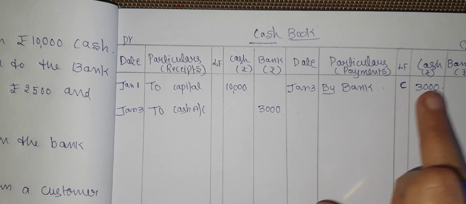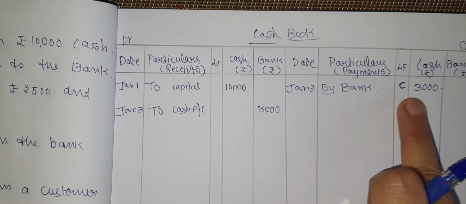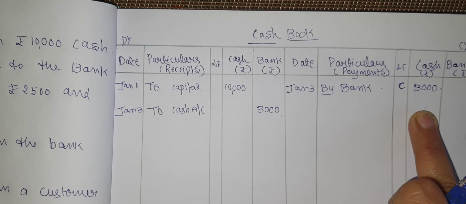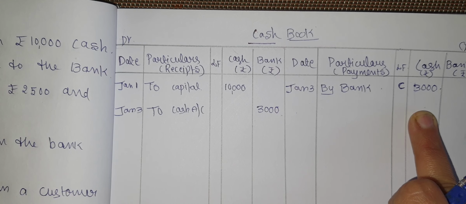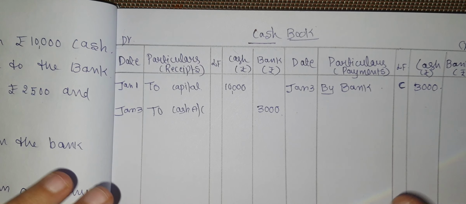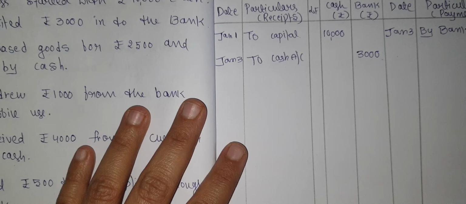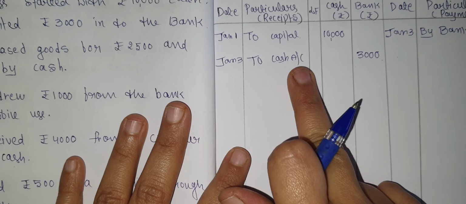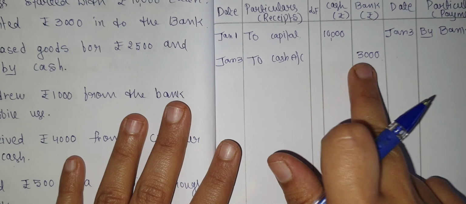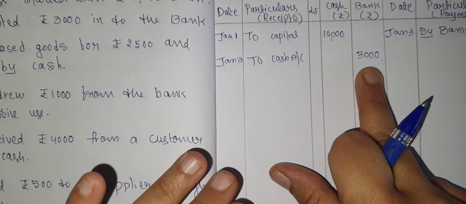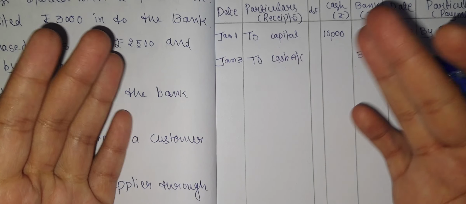Here on the credit side, we have to write down the amount in the cash column, because when the business is depositing the amount into the bank, the cash balance of the business will decrease because we are depositing rupees 3000 into the bank. And simultaneously the bank account increases, so on the debit side we write to cash, but we have to enter the amount in the bank column because the business is depositing rupees 3000 into the bank and the bank balance will increase.